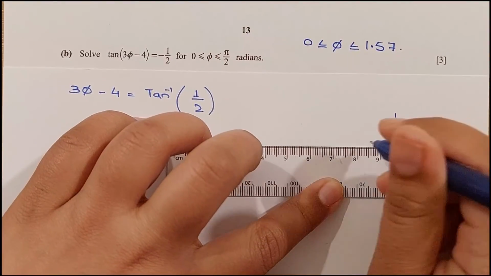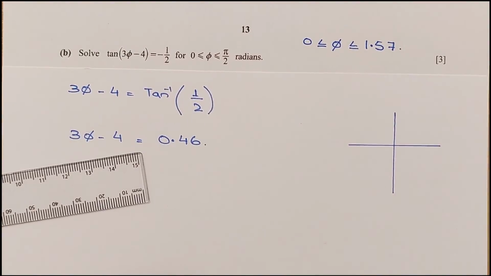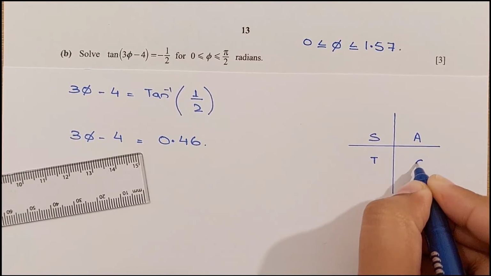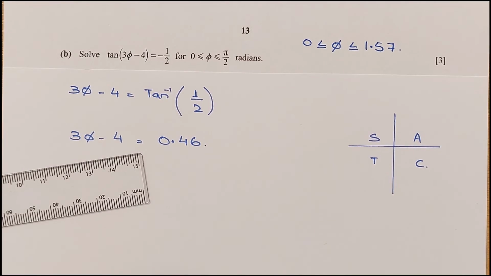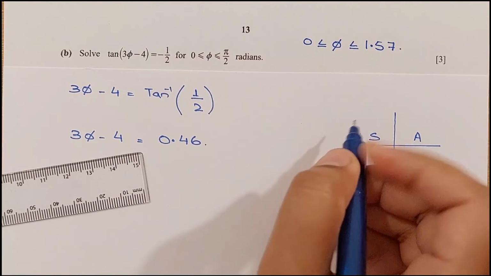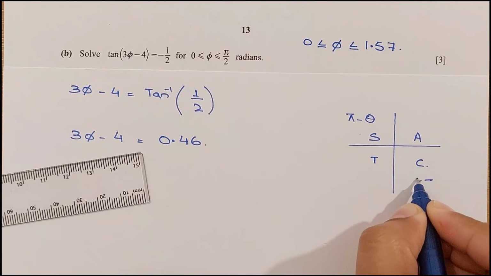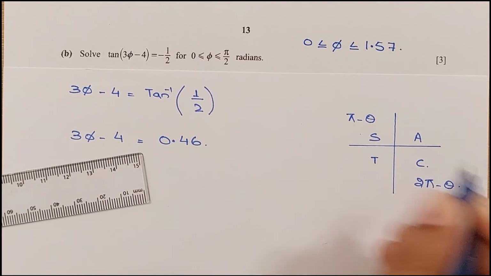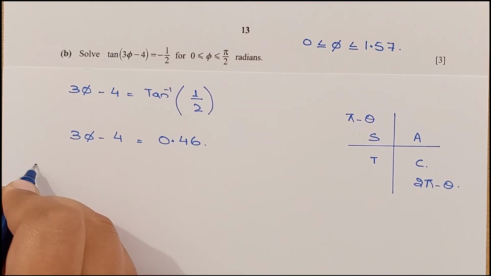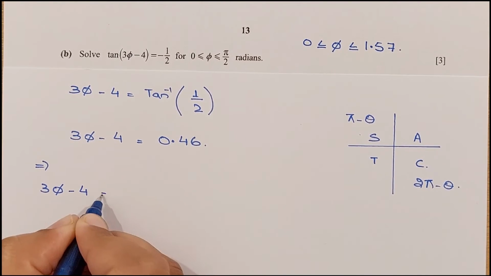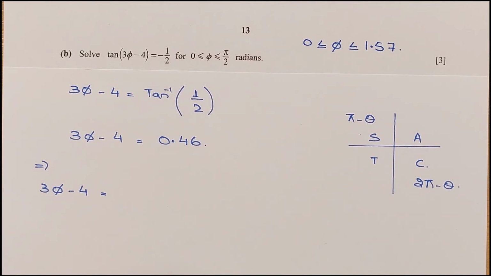Let me draw this. Right, so here we have A, S, T, and C. So tangent is positive in first and third and negative in second and fourth. So second quadrant we do pi minus theta, and here we do 2 pi minus theta, right? Now we have two values from here. The first value is 3 phi minus 4 equals pi minus theta, right?